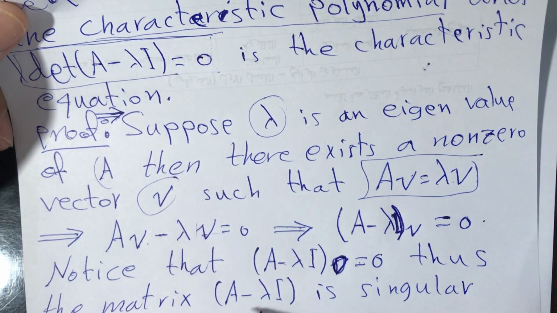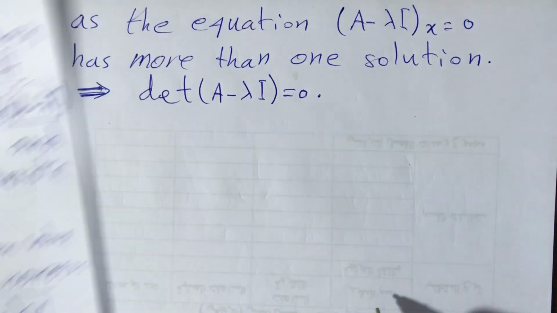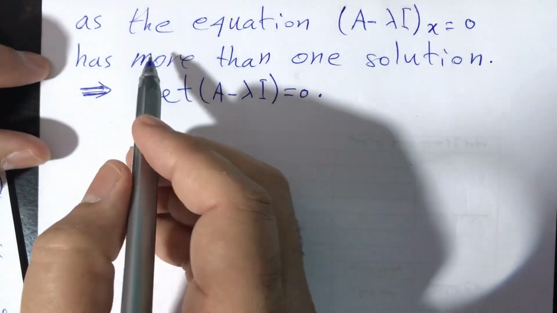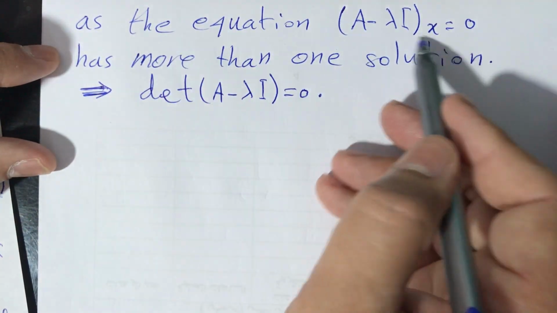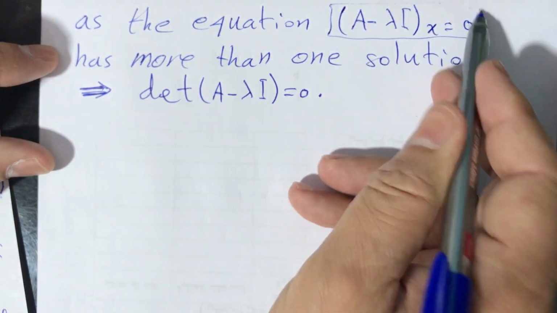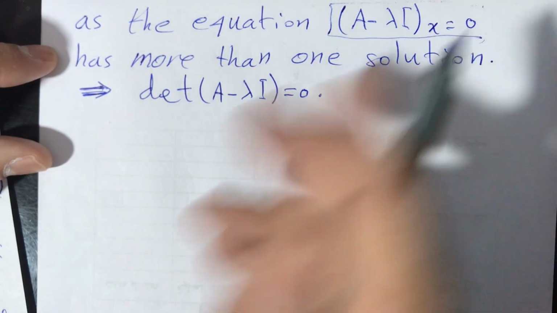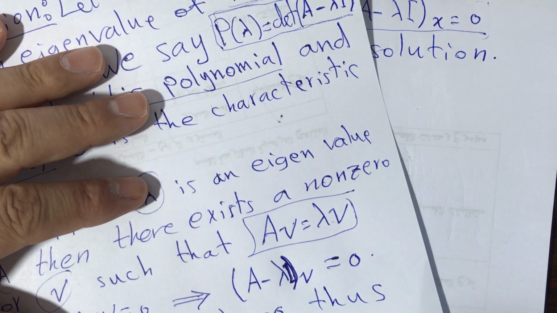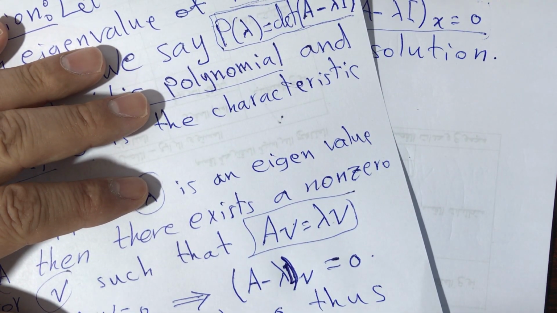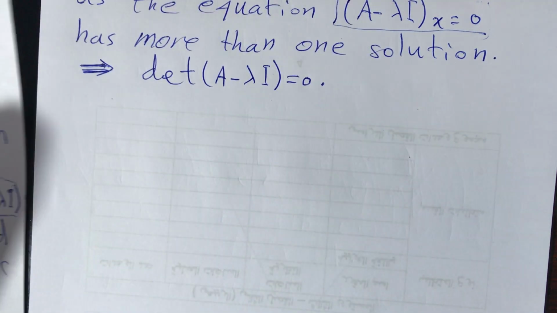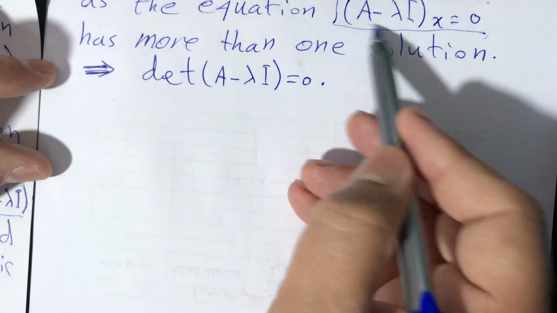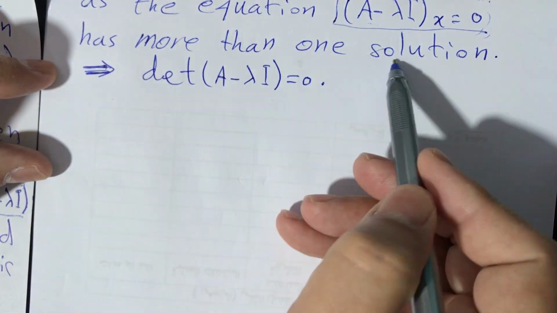Thus this matrix is singular, because the equation A minus lambda I x equal to 0 has more than one solution.